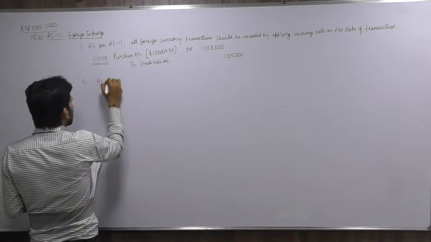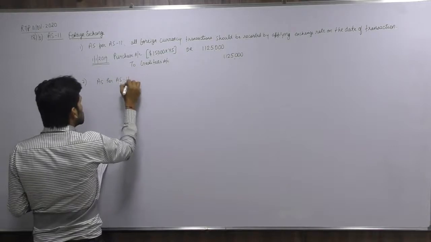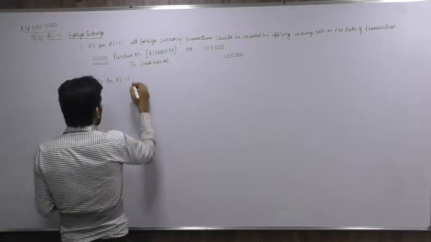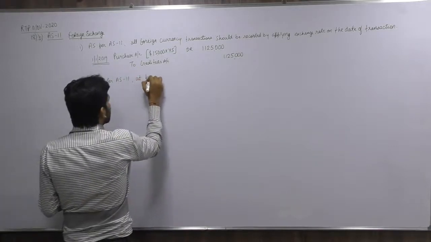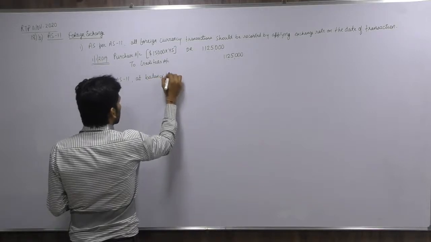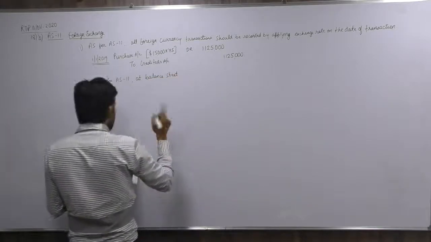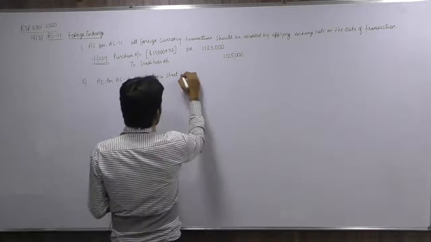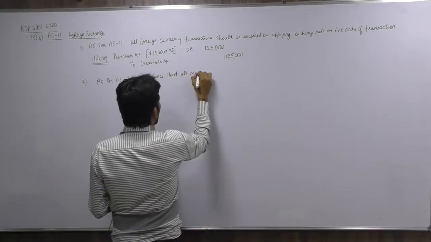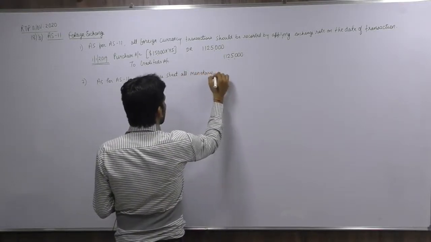As per AS 11, at balance sheet date, मतलब 31st March 19. Can I say this is a monetary transaction? Yes, because it involves money. All monetary transactions. तो ये provision लिख रहा हूँ मैं.